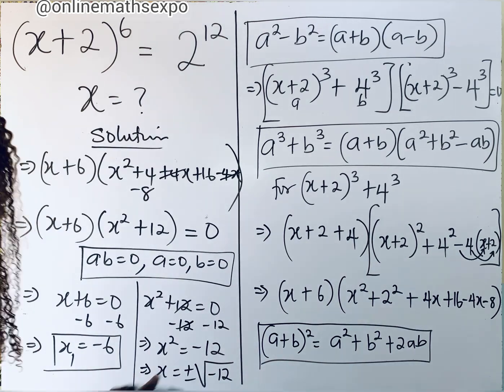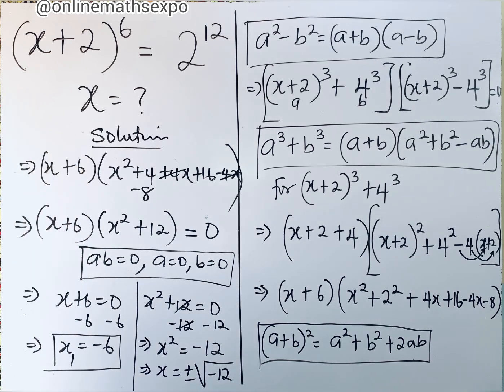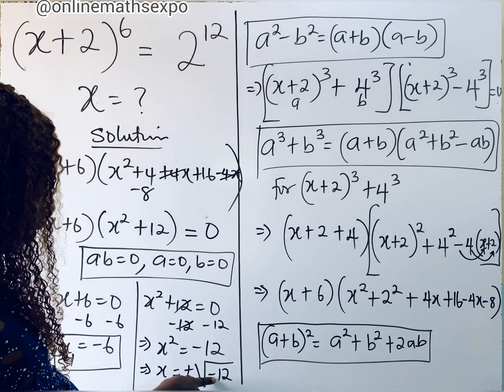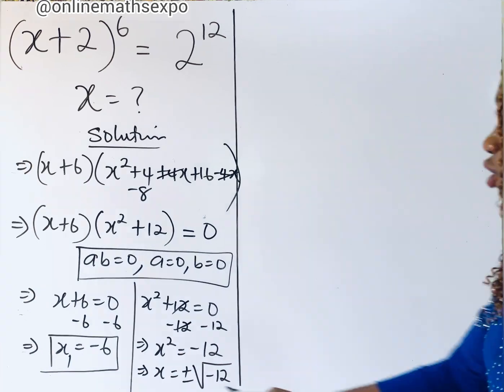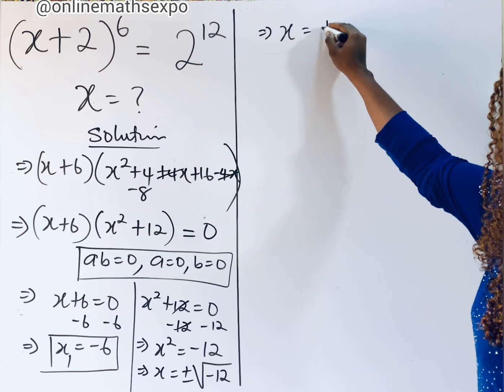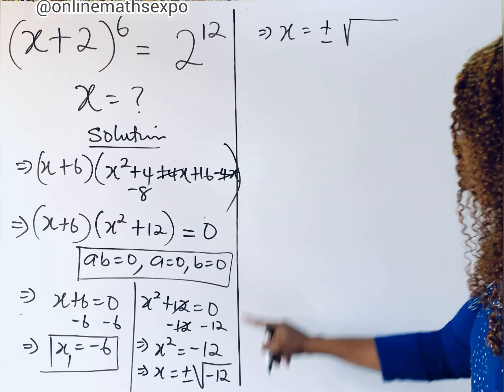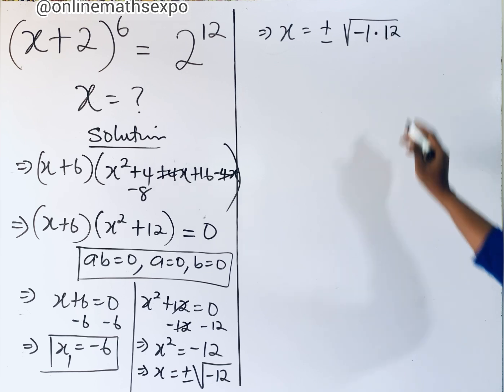Okay? So looking at this, you observe that there's a negative sign in this root. In that case, this is leading us to an imaginary number. Okay, so let's simplify this. From here we have it that x is equal to plus or minus square root of, this can be split as negative 1 multiplied by 12.